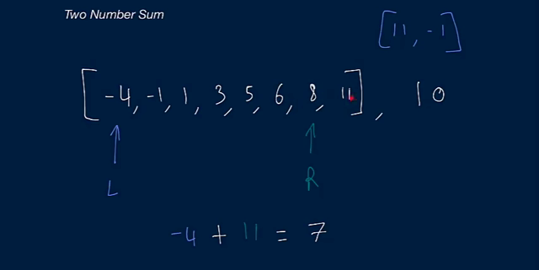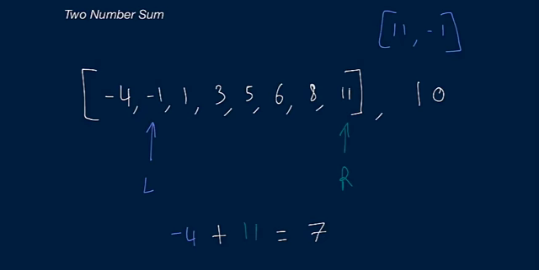And because 8 is less than 11, then our new sum here is going to be even smaller than 7, which is already smaller than 10. So instead of moving the right pointer to the left, we know that we should move the left pointer to the right, because we want to try to have a greater sum.